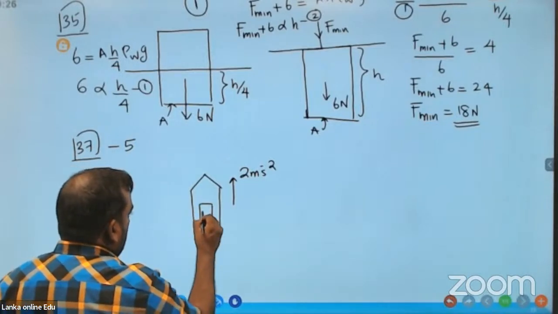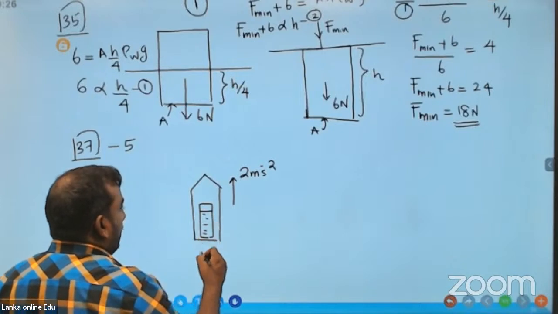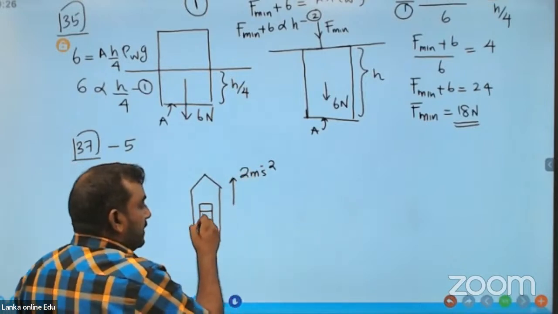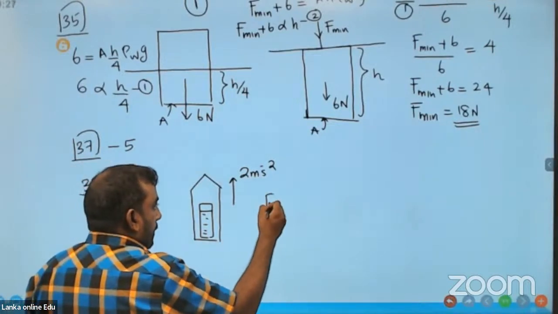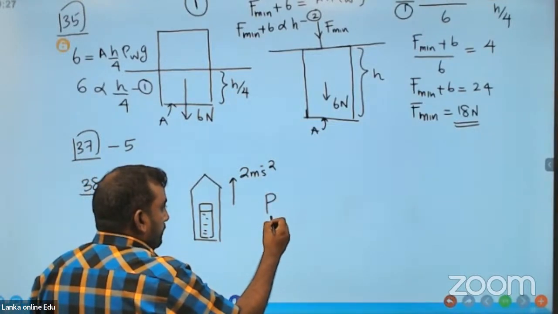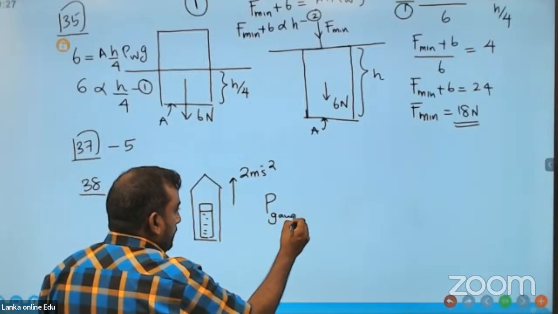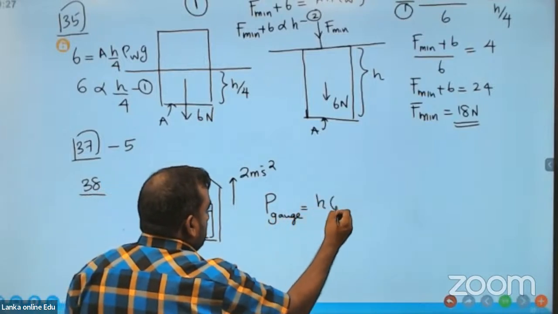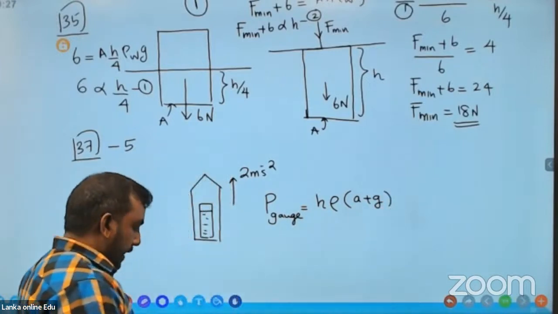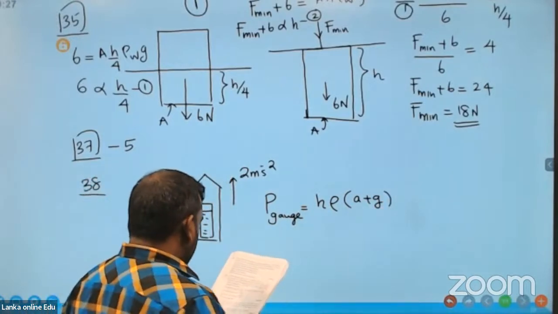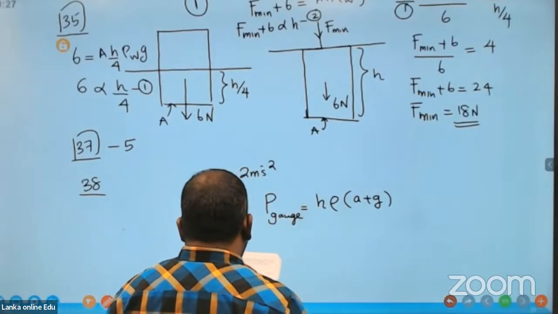Here, liquid oxygen is there, when this is accelerating, this will affect the pressure there. Absolute, or we say gauge pressure. Gauge pressure is h rho (a plus g). That will be the gauge pressure acting.